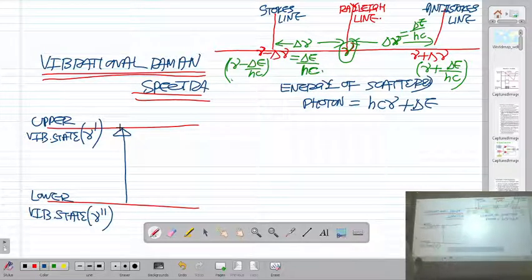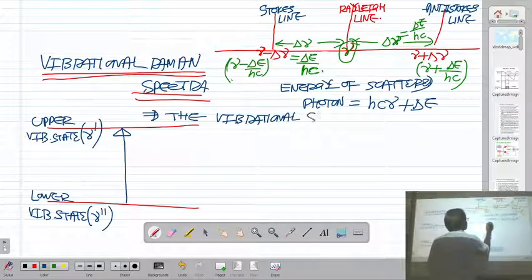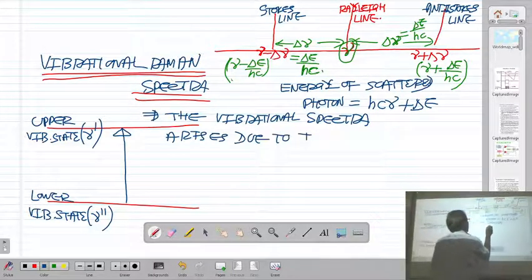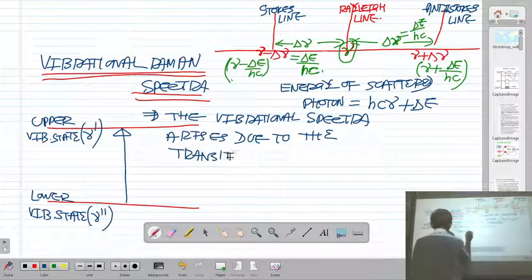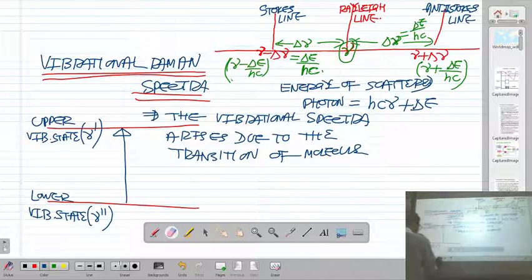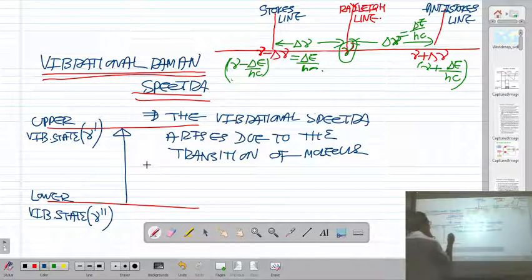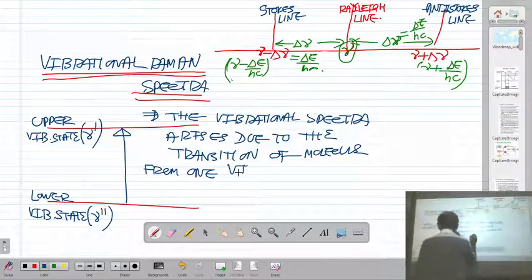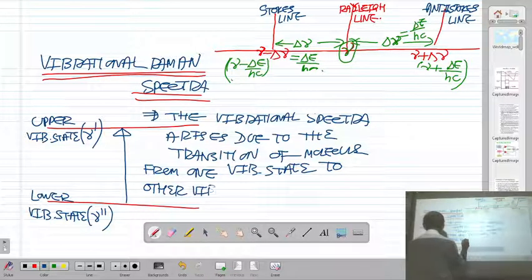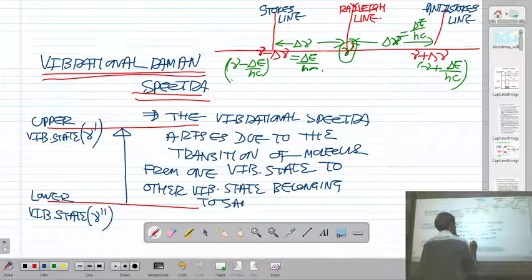So the vibrational spectra arises due to the transition of the molecule from one vibrational state to another vibrational state belonging to the same electronic state.